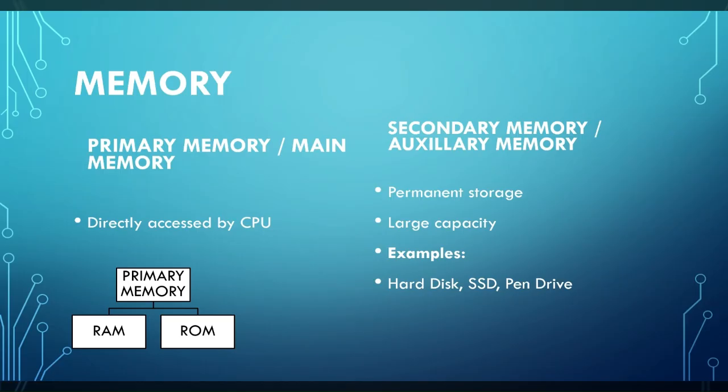But first we will complete the primary memory. See, primary memory consists of two types. First is RAM and the second one is ROM. RAM stands for random access memory and ROM stands for read-only memory. These two are the main memory, or you can say primary memory of the computer system.